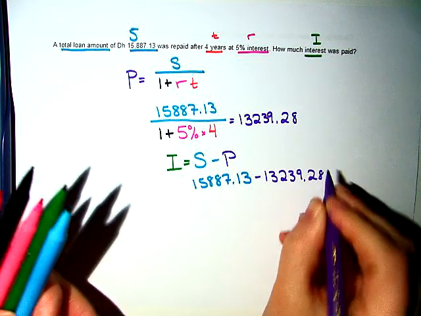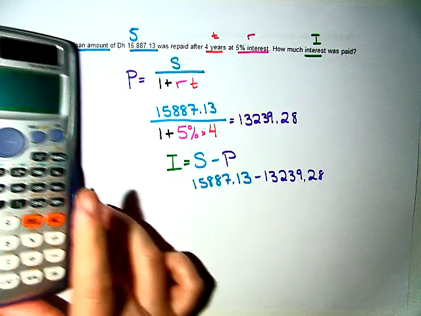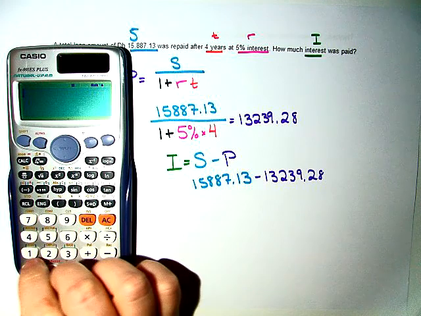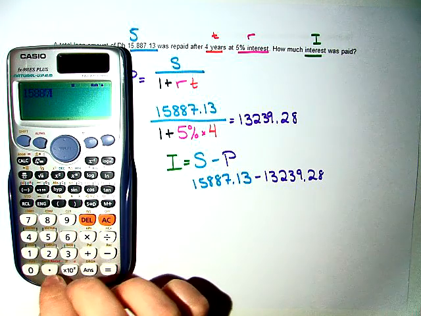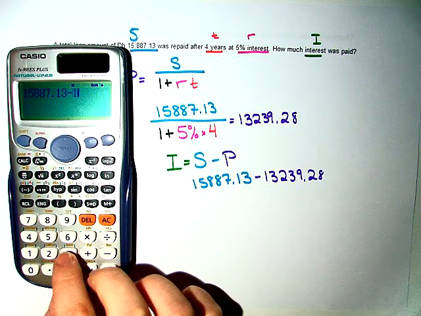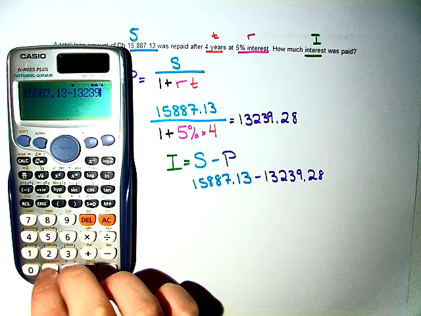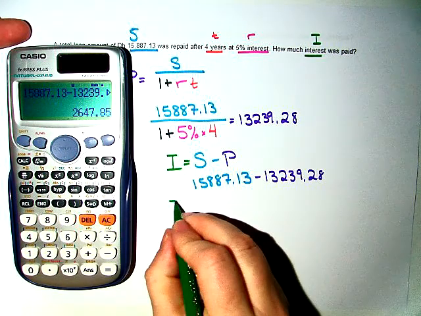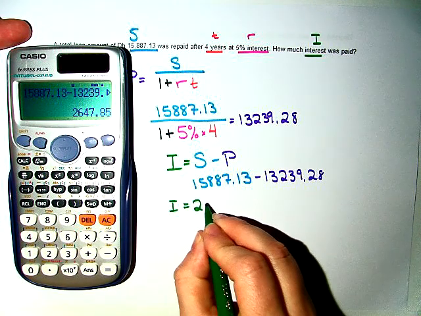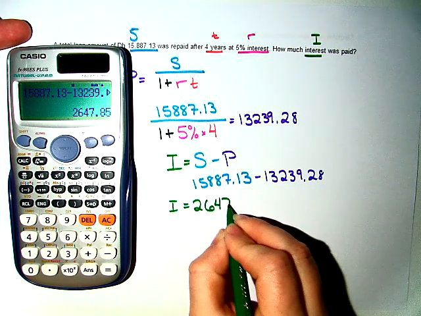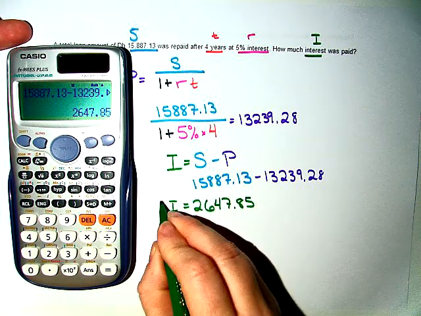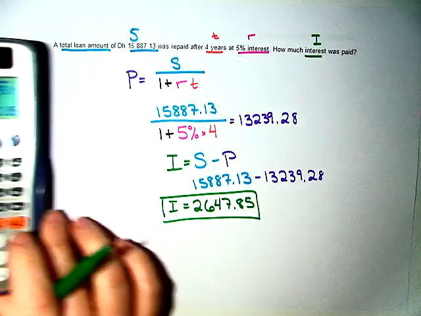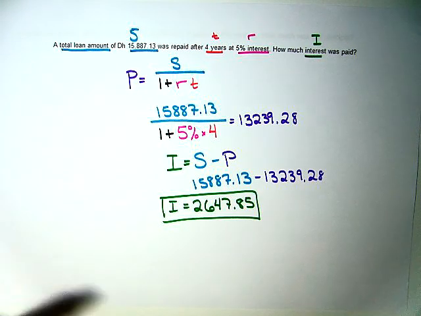So we're going to subtract the 2. 15887.13 minus 13239.28 gives me that they paid an interest of 2,647.85 dirhams. So that was a lot of work to get that answer.